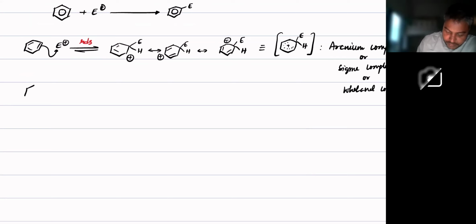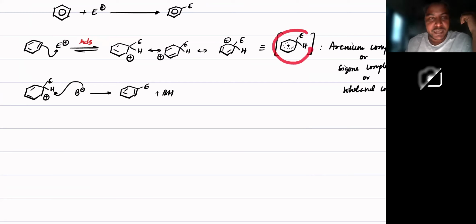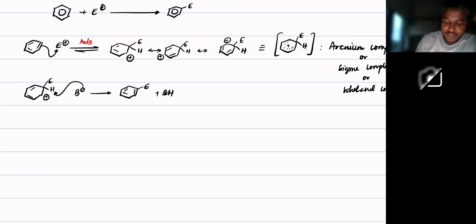Once you get an electrophile, H double bond with plus charge here, you require a base to extract this proton so that aromaticity can be retained, giving the product plus BH. So usually the first step is always the rate determining step, which means the stability of this complex drives the reaction more in the forward direction, or the rate of the reaction will increase.